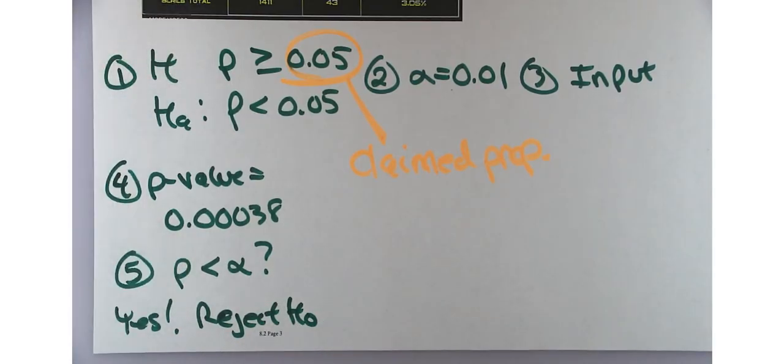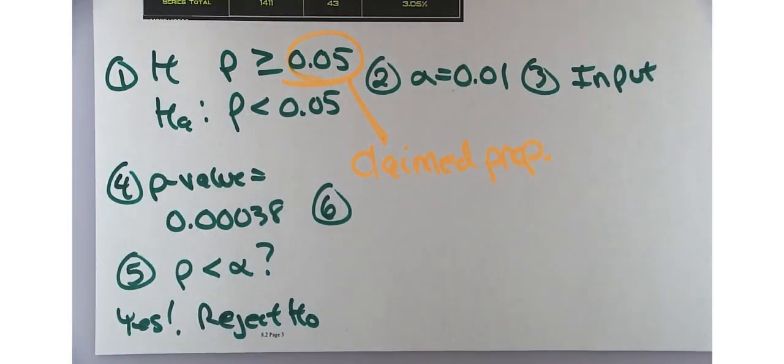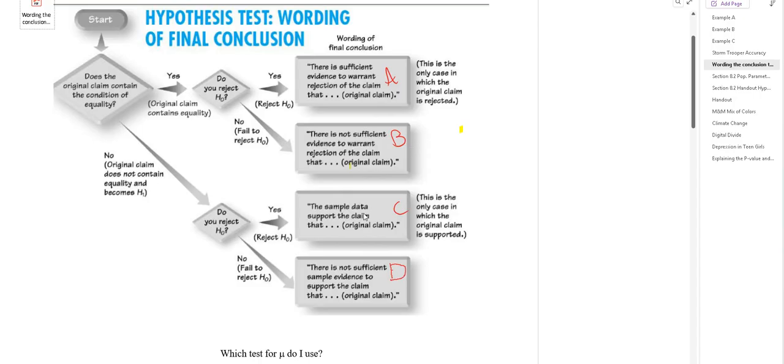Let's look at wording our conclusion. Because I'm having StatDisk do a lot of work here for you, I'm going to ask that you be pretty careful with your conclusions. You'll have this available to yourself. Let's see if we can follow the right branches down this tree to figure out where we're going to set up our conclusion. Does the original claim contain the condition of equality?